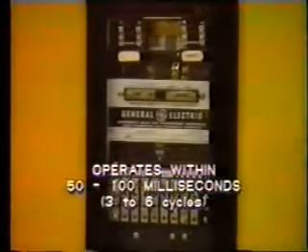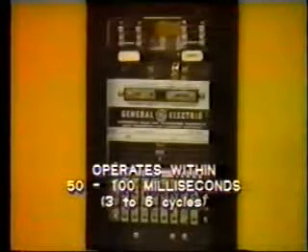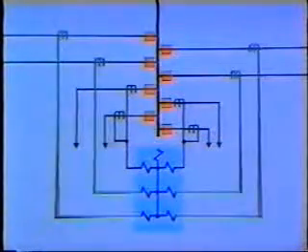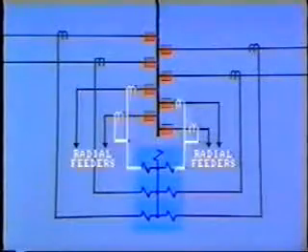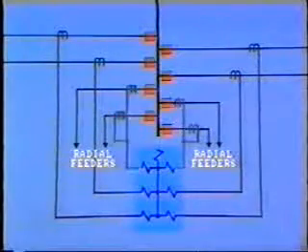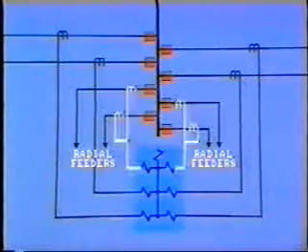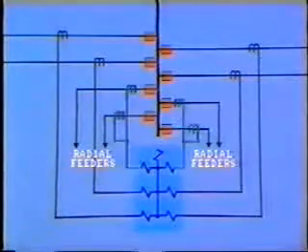It operates within 50 to 100 milliseconds. That is approximately 3 to 6 cycles. Each bus circuit, which can provide a source of fault current, is connected to a separate restraint coil. On the other hand, CTs from radial feeders, which are not a source of fault current, are usually connected in parallel and then connected to one restraint coil.